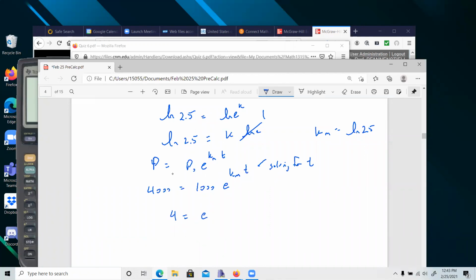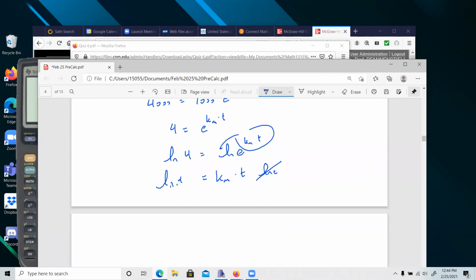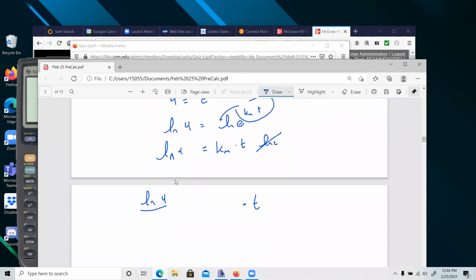This is also a really good final exam problem because all the numbers are very nice, so no decimals, no extra stuff in here. So we have natural log of 4 is equal to the natural log of e to the k sub m times T. This bit comes down in front. Natural log of e, which we know is 1, so natural log of 4 equals k sub m times T. So T is equal to the natural log of 4 over what k was, the natural log of 2.5.